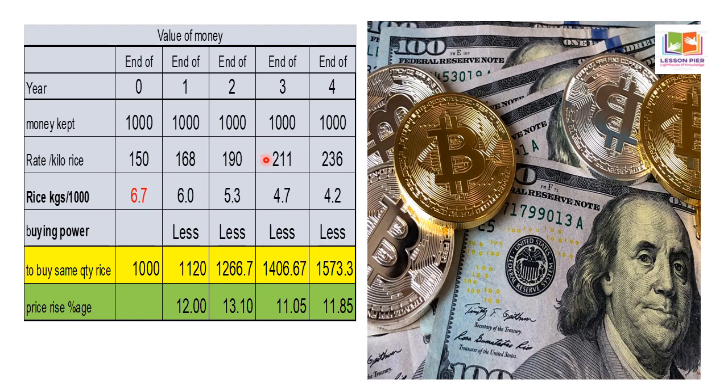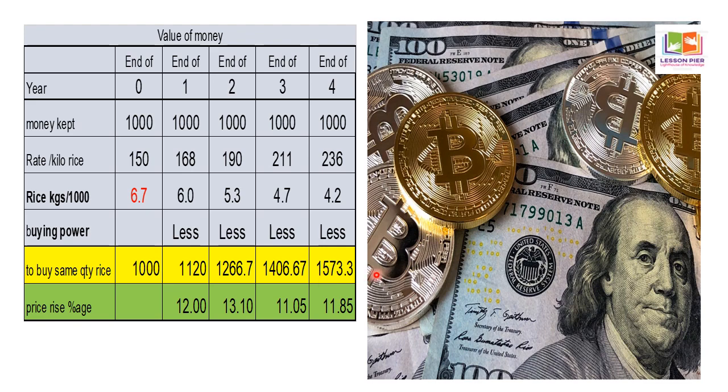Similarly, you can buy the same 6.7 kilo quantity with this rate for 1266.7 rupees.